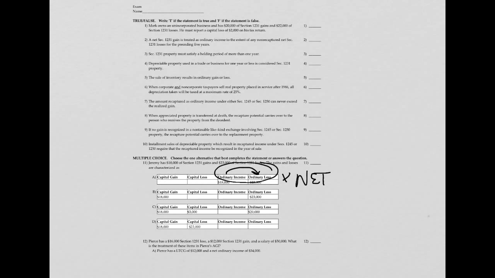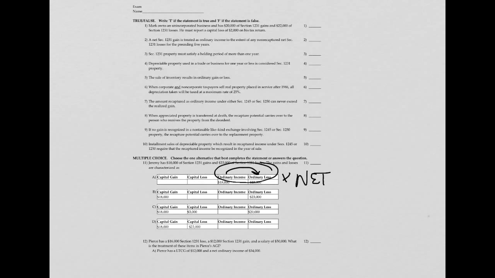Next question: section 1231 $16,000 loss, section 1231 gain of $12,000. Again, the losses here are over the gains, and there's a salary of $15,000. What is the treatment of these items in the tax return for Pierce's adjusted gross income?